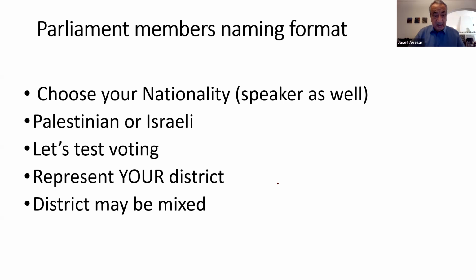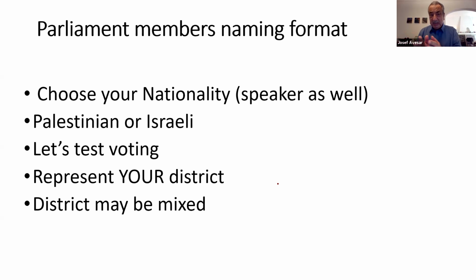We changed that. Just remember that if you're Israeli or Palestinian, your district, you'll have to decide in your own head and be consistent. If you're a Palestinian from Gaza, then in all likelihood your constituents are 100% Palestinians. But if you are from Jerusalem, you could be a mixed district.